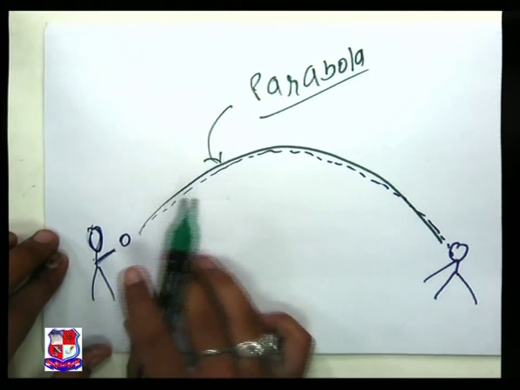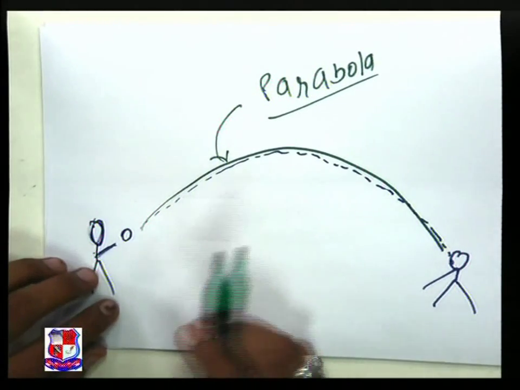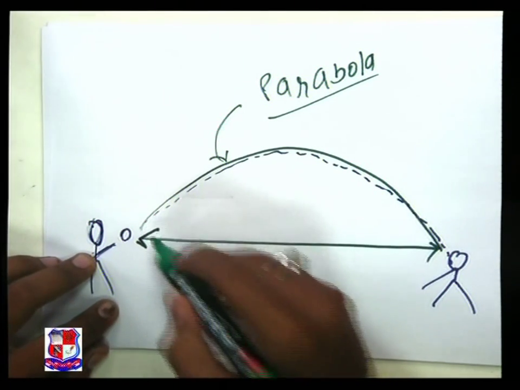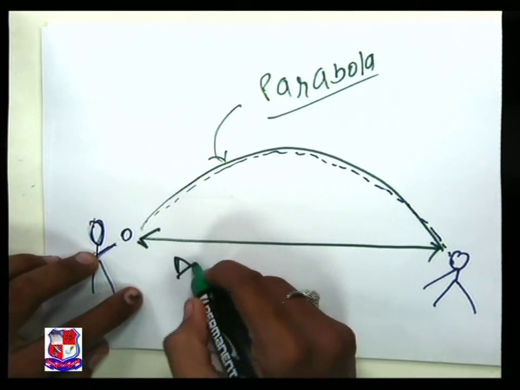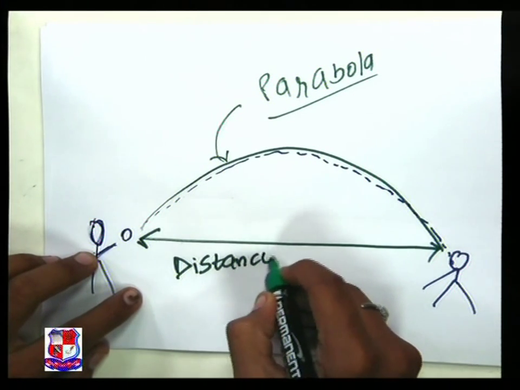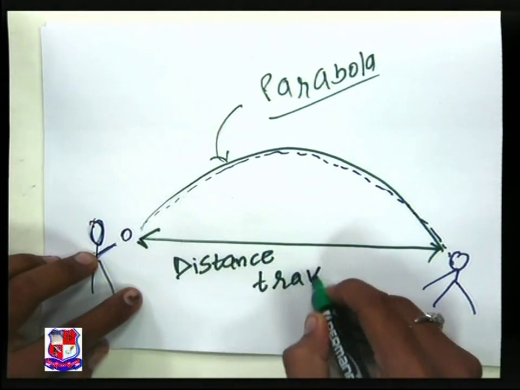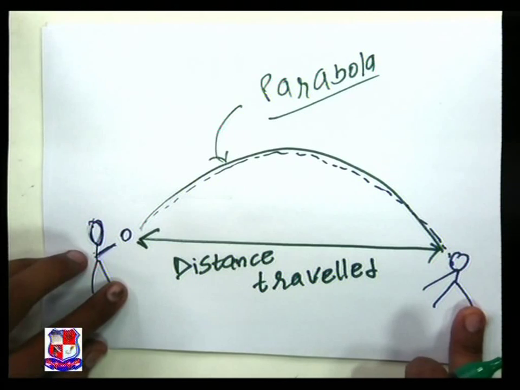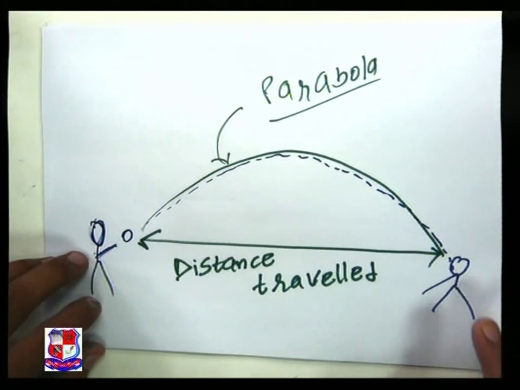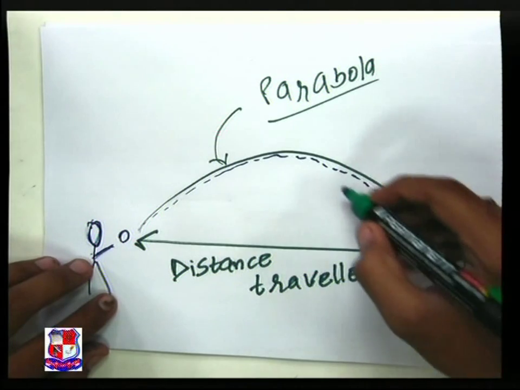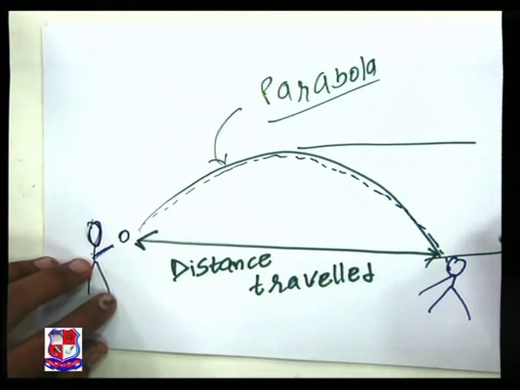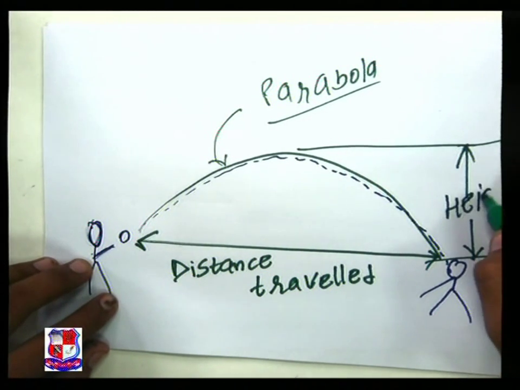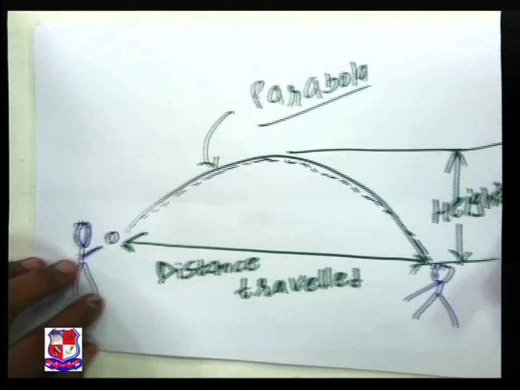Now if you notice it properly, there are two things happening. The first is the distance traveled, how long it went from this person to this person, and the second is the height of the parabola.